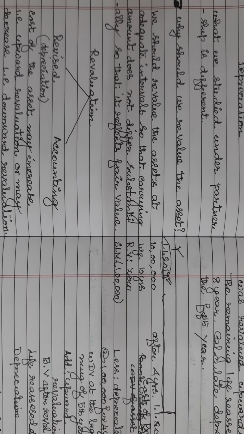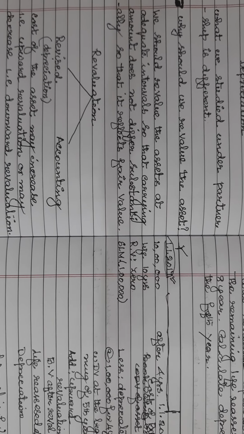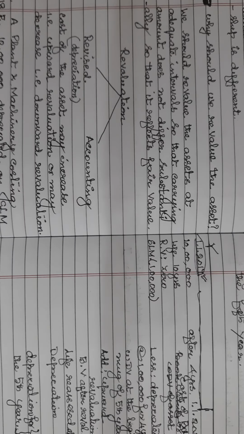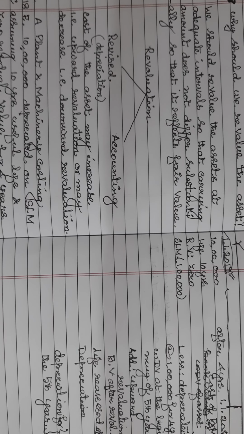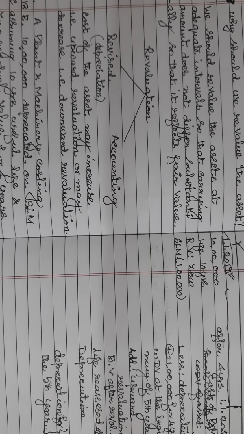The asset may be revalued upwards or downwards depending upon the market value. Now we are moving on with the example. A plant and machinery costing 10 lakh rupees was depreciated on the SLM (straight line method), assuming 10 years useful life and zero residual value, for 4 years.